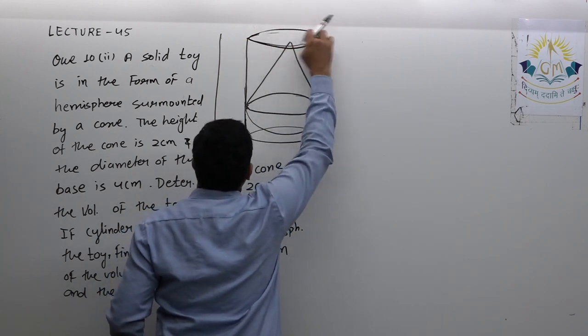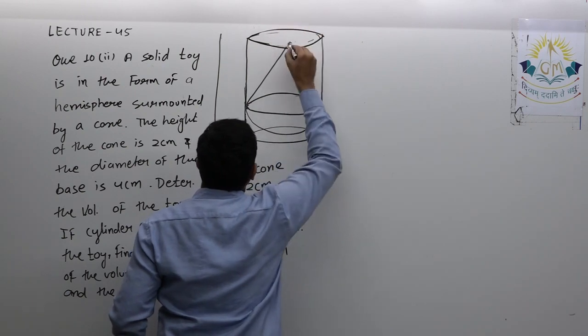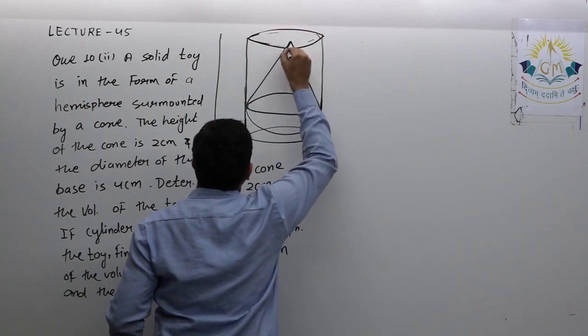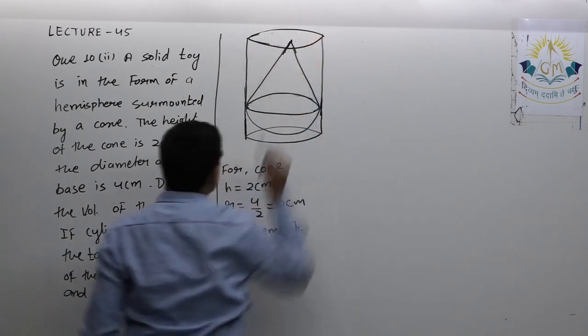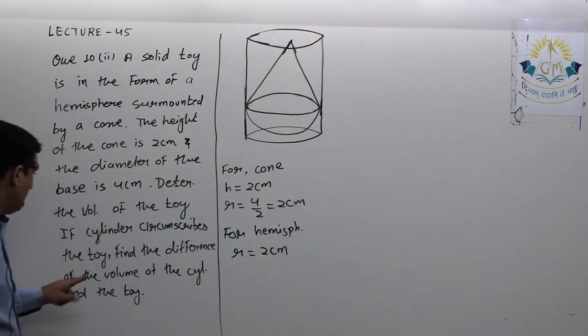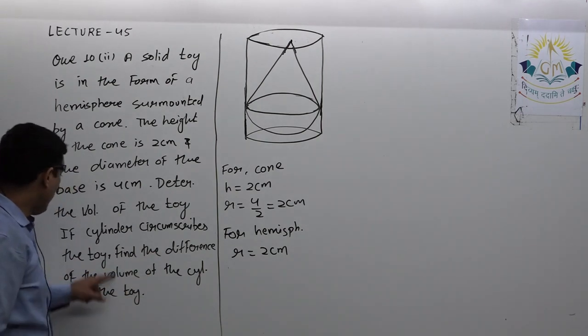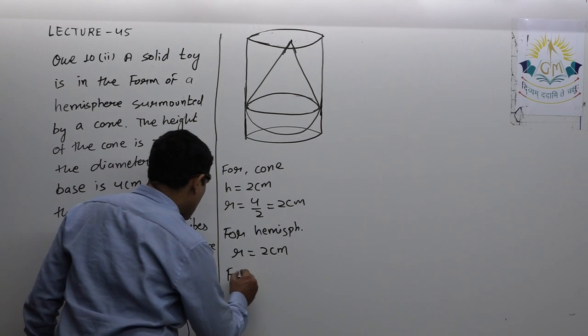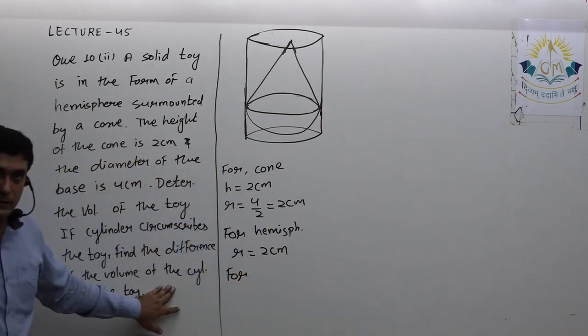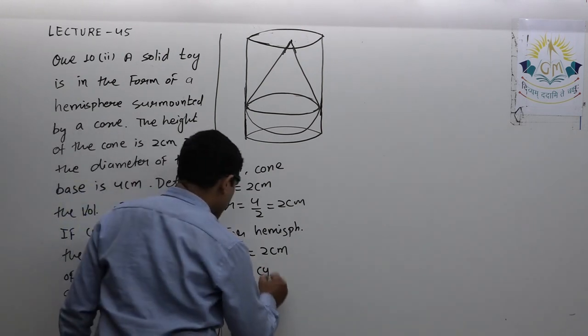In this way, if there is a cylinder, then you have to find the difference of the volume of the cylinder and the toy.